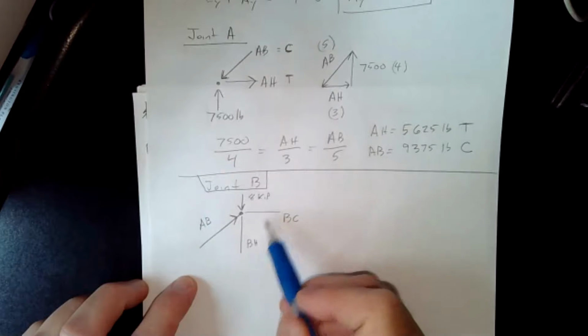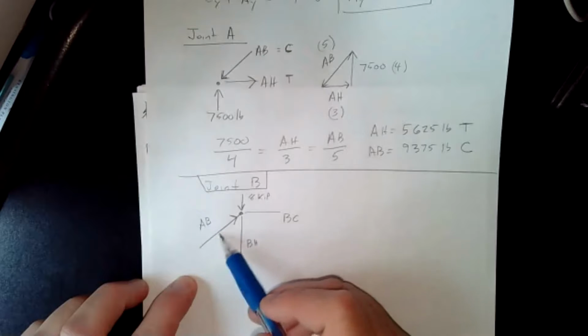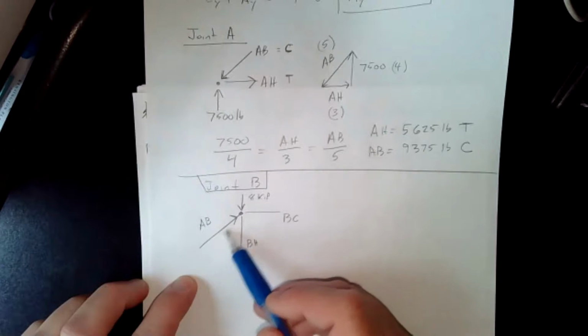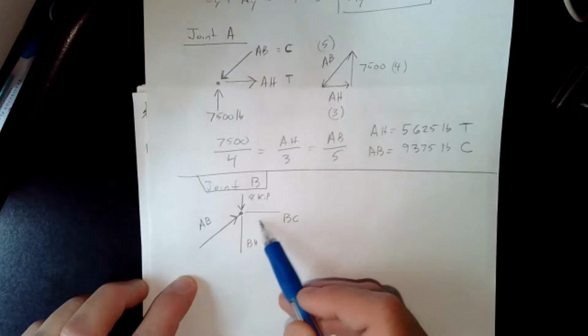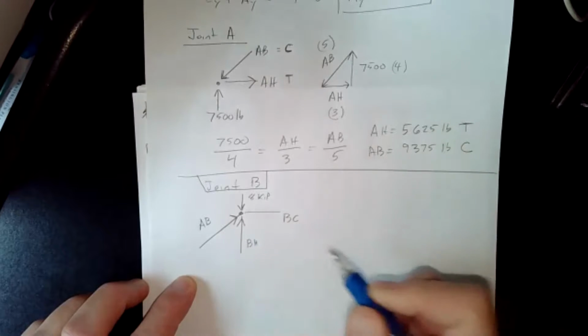Now we don't know which direction BC and BH are, so we can guess. AB is going up, and I don't believe the vertical component of AB is bigger than 8. Since BC has no vertical component, BH is going to have to go up in order to balance that.